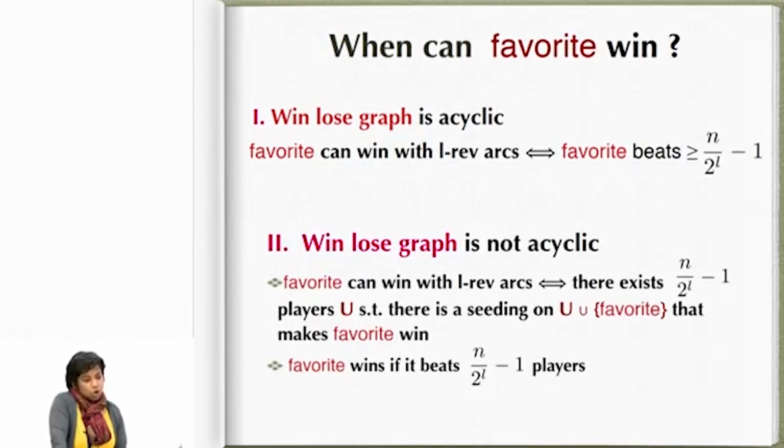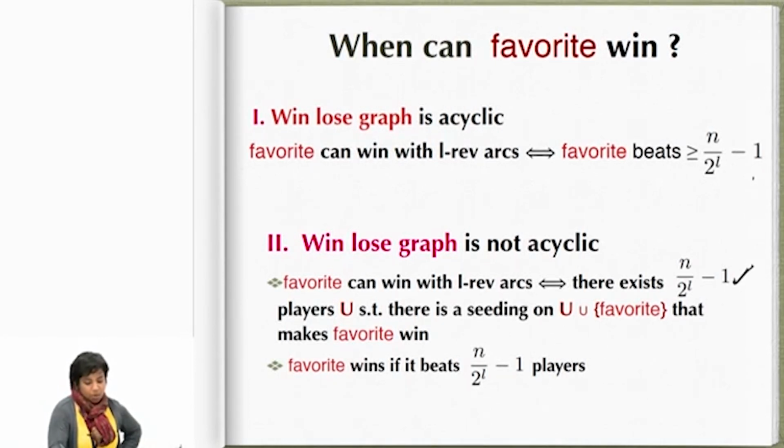Now for when it's not a DAG, we can also say something. We still have an if and only if condition, but it's slightly more relaxed. So what does this mean? You can have an SBA with at most L blue arcs, reversed arcs, if and only if there exists a set of players U of the same size.